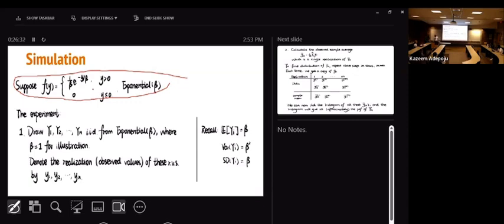Now, when we set it to 1, let me tell you this. You need to first understand the theoretical properties of the underlying distribution. I know when I have f of y equal to that, the expected value of y is going to be beta. Do you know that?